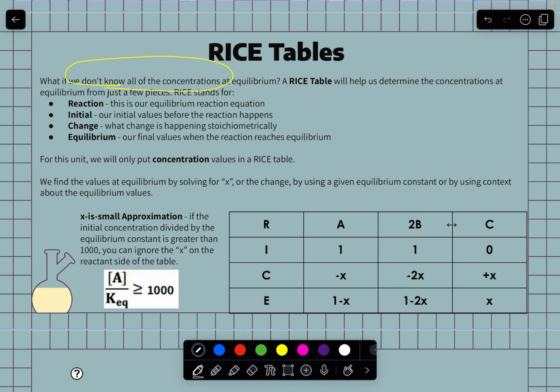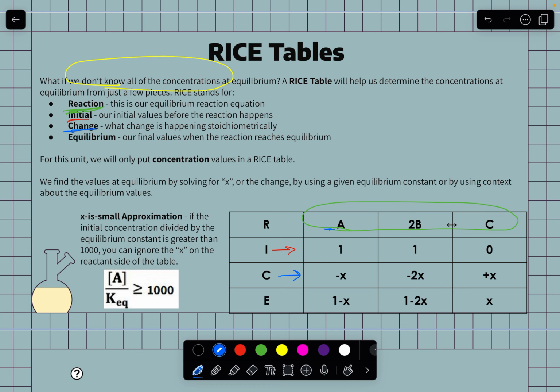So what RICE stands for is R is our reaction, okay? So our reaction is just the formulas, right? It's how it gives us a reaction. Initial is our initial numbers, so what we start with. Okay. The change, we normally denote that with x's, minus x's, and plus x's. That's just a change stoichiometrically, right?